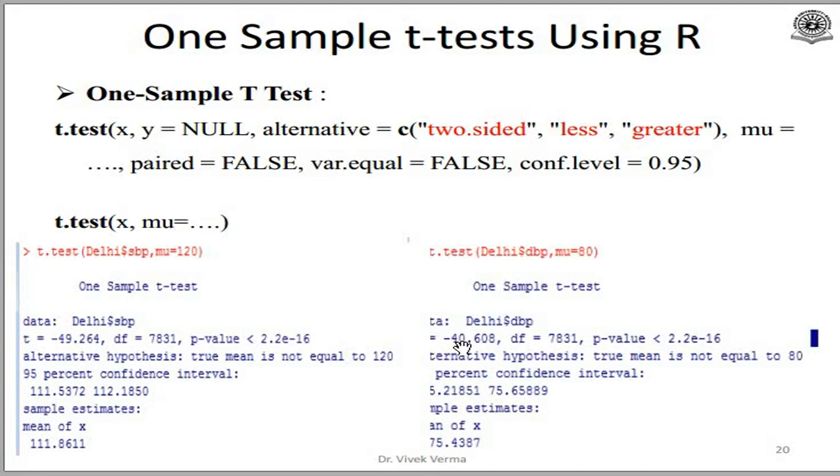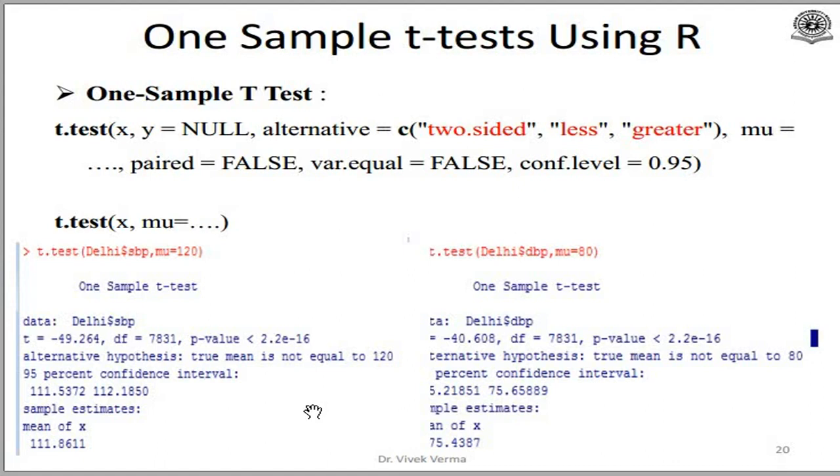As we all know, for systolic blood pressure the known standard is 120, whereas diastolic can be considered as 80 for a normal population. We have tried both in the one sample t-test, and what we have found is, is it true that the population average systolic blood pressure is close to 120 and diastolic blood pressure is close to 80?